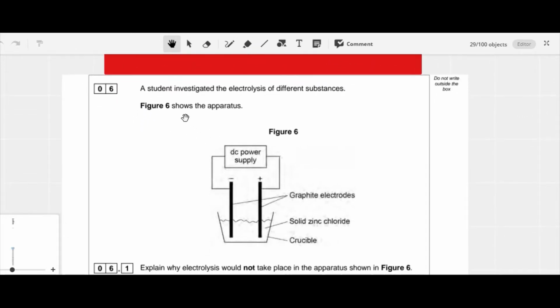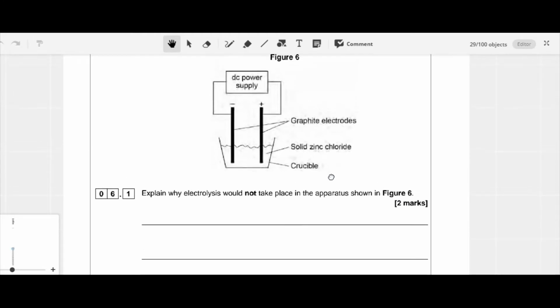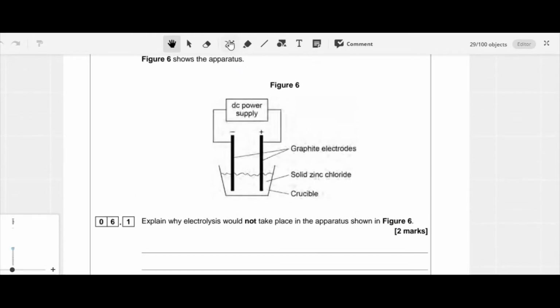The question is, a student investigated the electrolysis of different substances and the apparatus is given. Explain why electrolysis would not take place in the apparatus shown in figure 6. In that apparatus the electrodes are made of graphite, and solid zinc chloride is used.